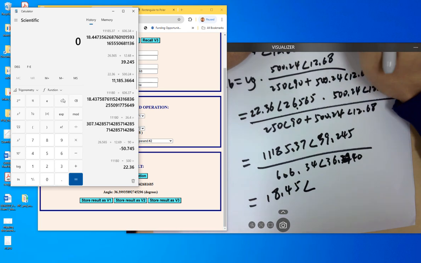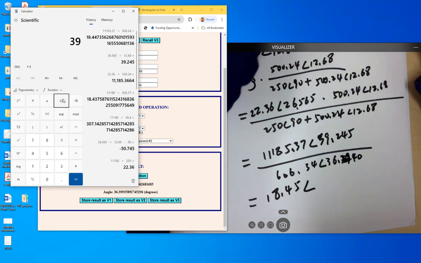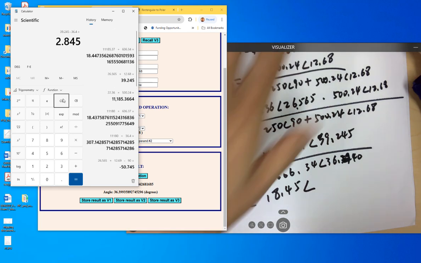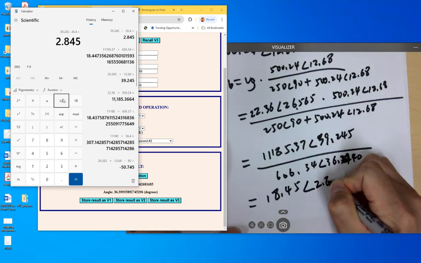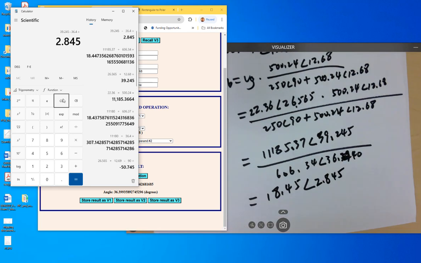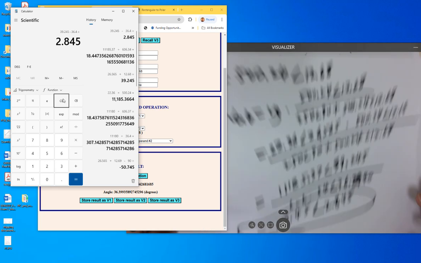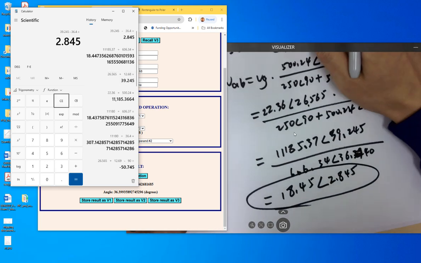The angle is 39.245 minus 36.40. That's 2.845. Okay, so this is how you get the answer by using this complex number method.